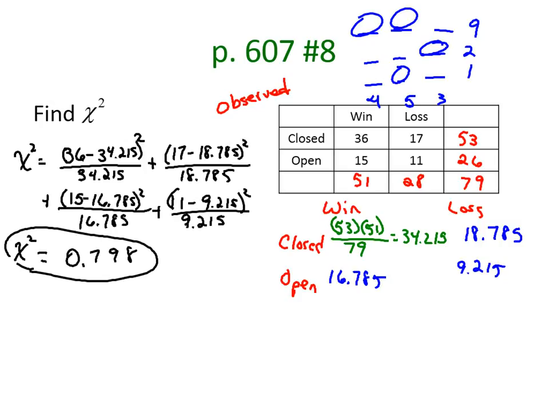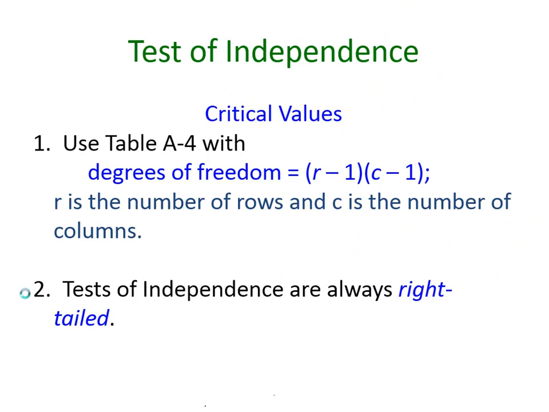So we can't just say it went from needing one number to two numbers to three numbers. The way we figure out these degrees of freedom is if I take the number of rows minus 1 times the number of columns minus 1, that product tells me my degrees of freedom.